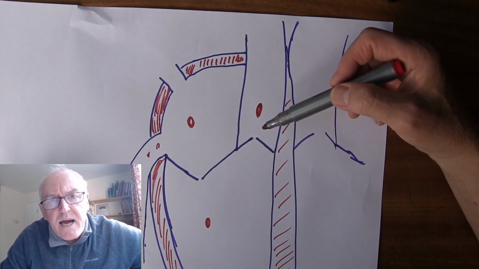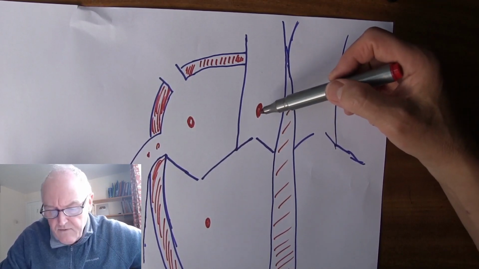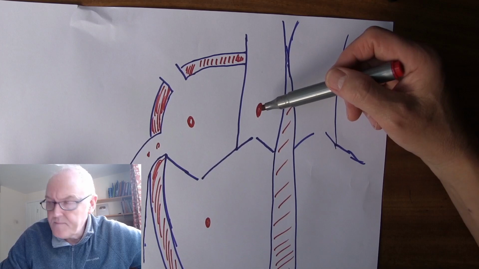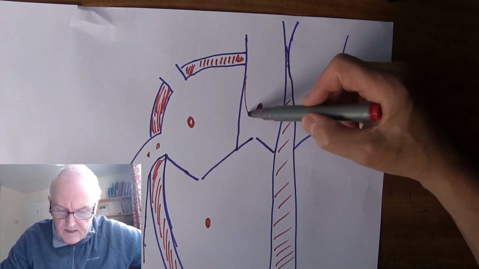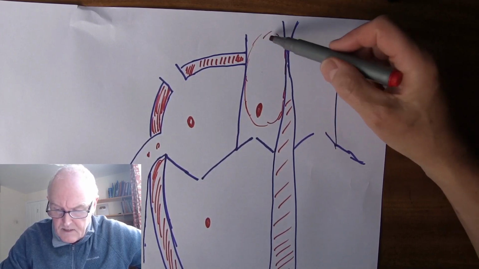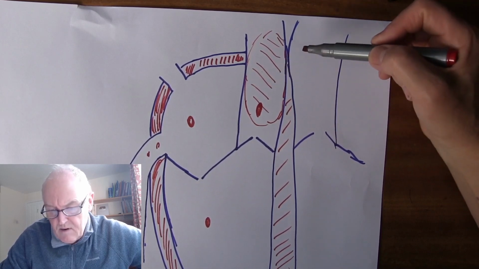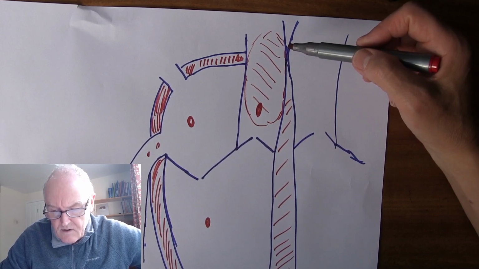Now what happens next depends on the size of the embolism that's come from the thrombus in the leg. If it's a very big emboli, then it can block off the pulmonary artery, causing absolutely massive pulmonary emboli, and that would be potentially an instant death or very sudden death situation.